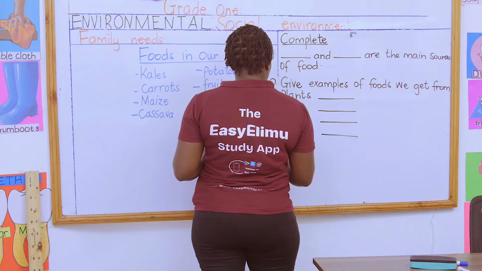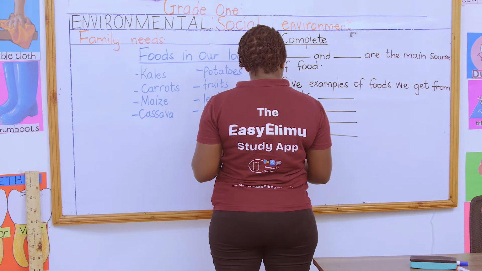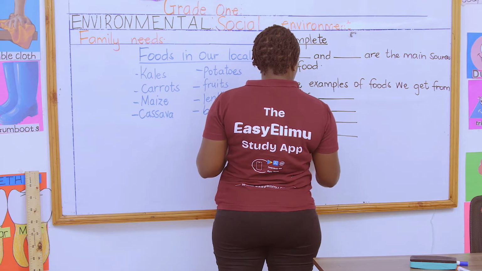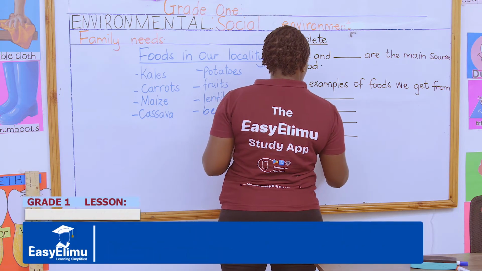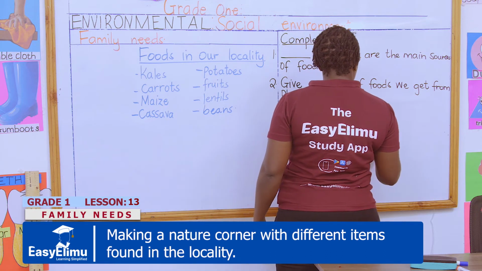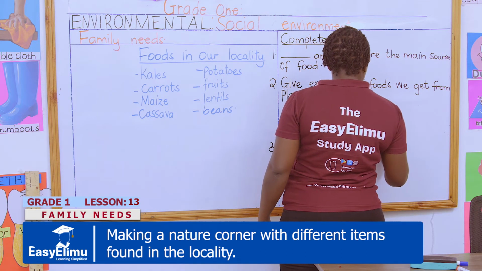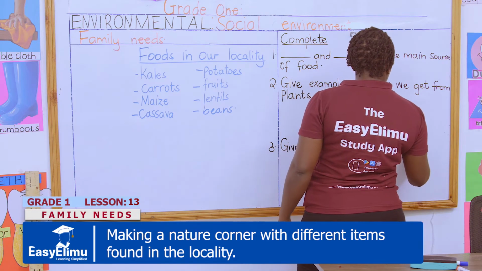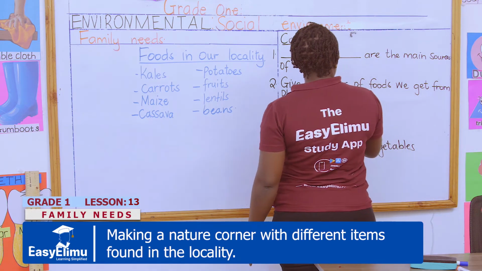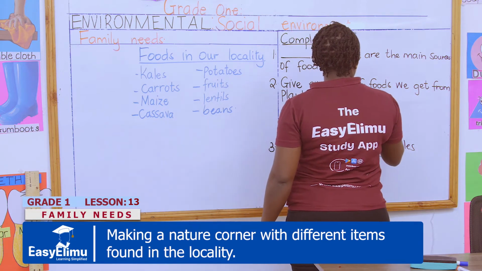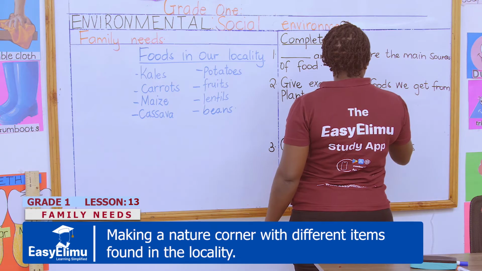Then from our nature corner again, give examples of vegetables. Give examples of vegetables. Here I want you to indicate plants, and on the other side examples of animal products.